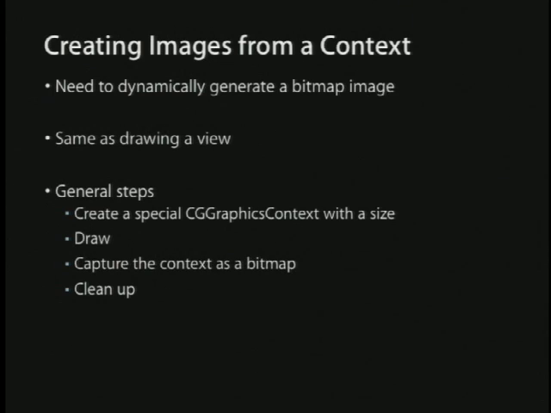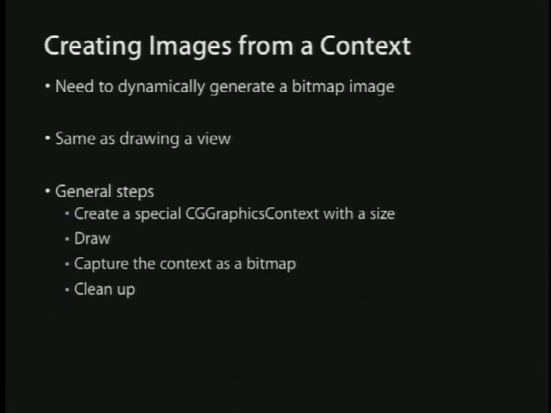All the operations you'll do on it are exactly the same as the operations you'd be doing when drawing into a view. You'll basically just define the size of the image that you need, and then you can call these Core Graphics operations that we talked about before to draw your own image programmatically at runtime.